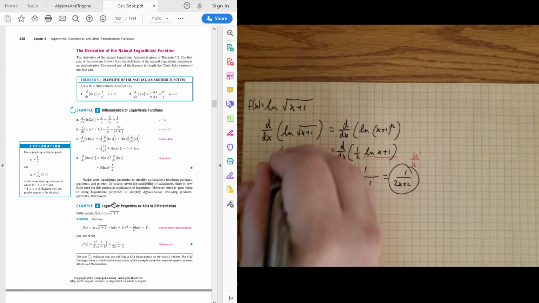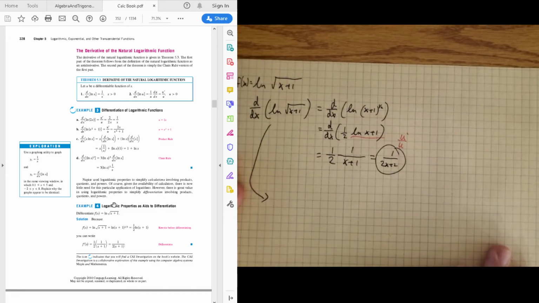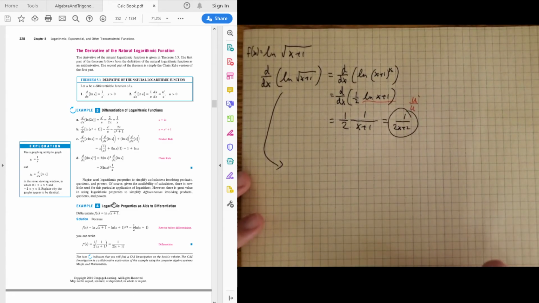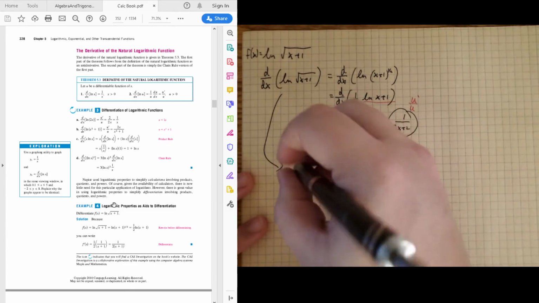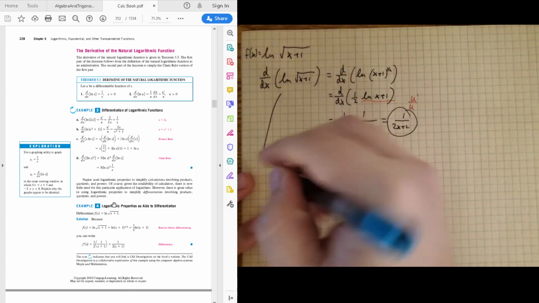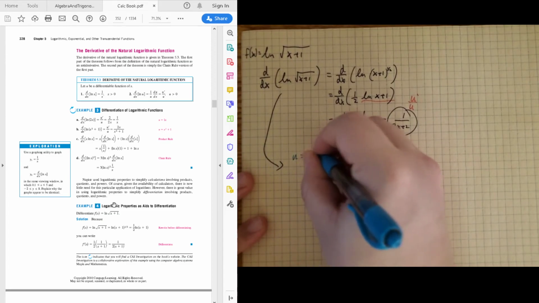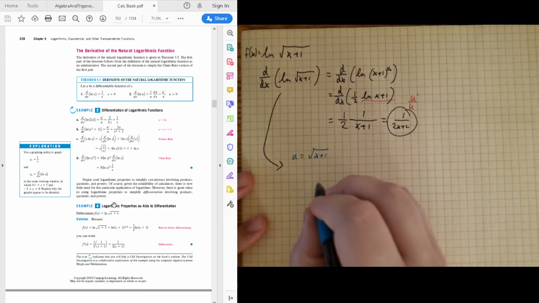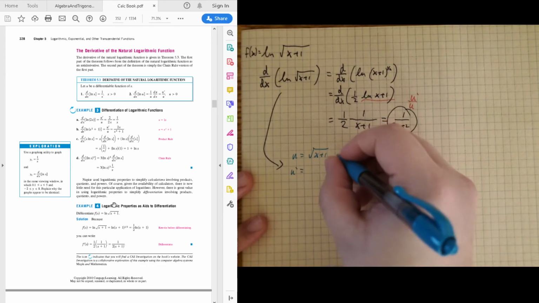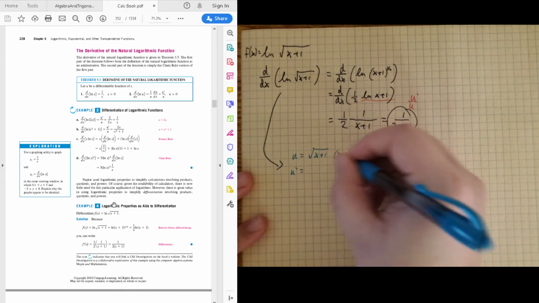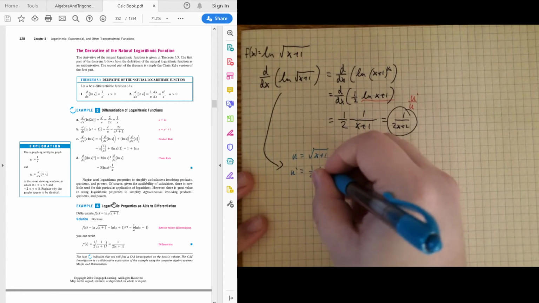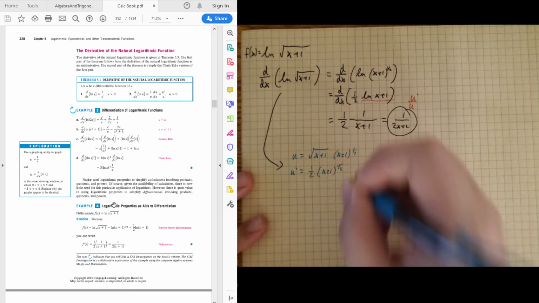Let's now compare this to if we try to do this with the chain rule without using the properties. We will eventually get to the same answer, but I promise you it's going to take a lot longer, and it's going to be a lot less fun. So, to do this, we now have this big term, the square root of x plus 1, as our u, which means that our u prime is going to be, so this would be x plus 1 to the 1/2 power, 1/2 x plus 1 to the negative 1/2 power.